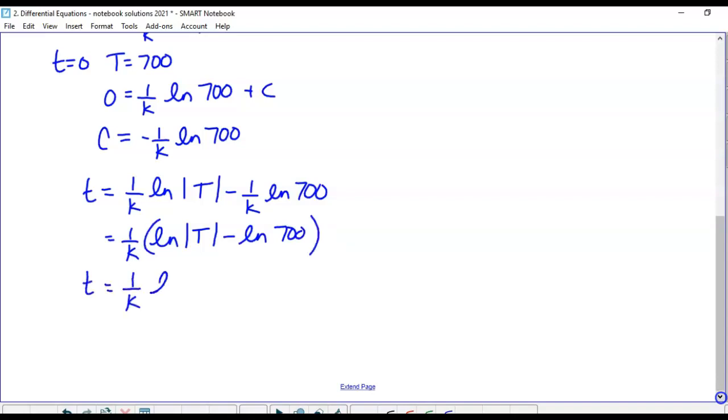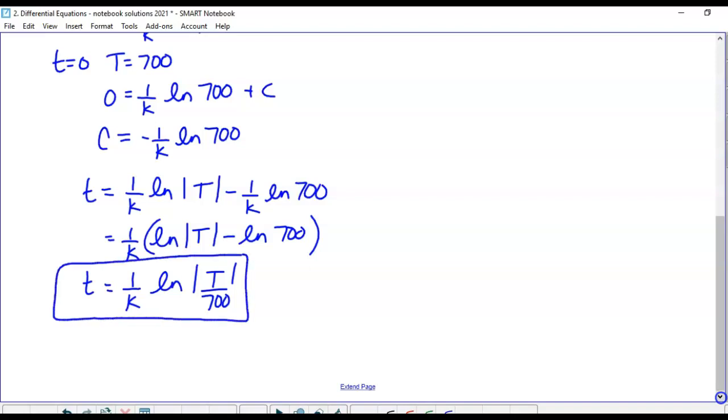So t equals 1 over k ln of T over 700. You could keep that all in the absolute value, or leave it like that, absolute value of T, because 700 is just a constant, right? Okay, so that is for model A, and then we can check.